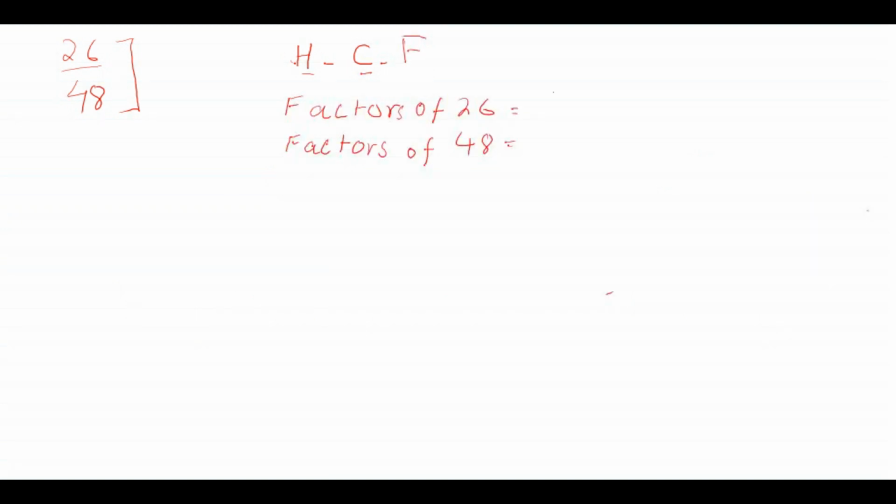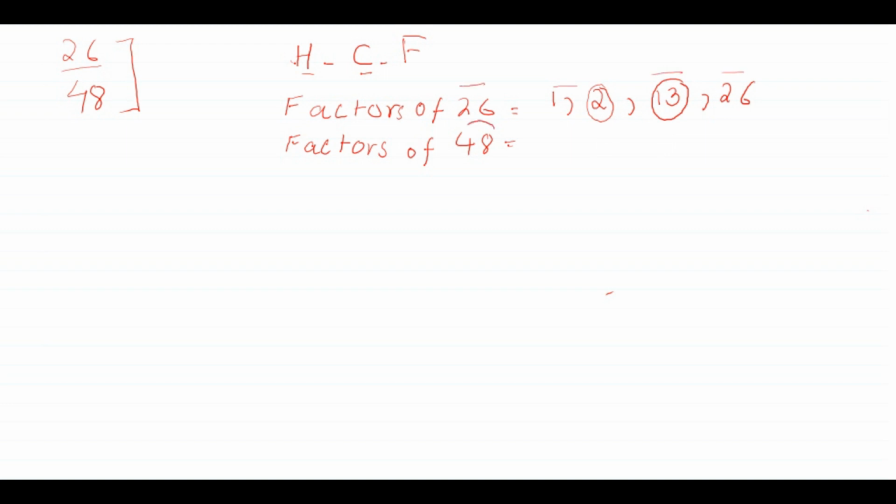So I'm writing here now the factors of 26. You know 1 is a factor of every number, you have just seen that 2 is a factor of 26, and when you practice you will find that 13 is also a factor of 26, and then 26 of course. So these are the only factors which 26 has.